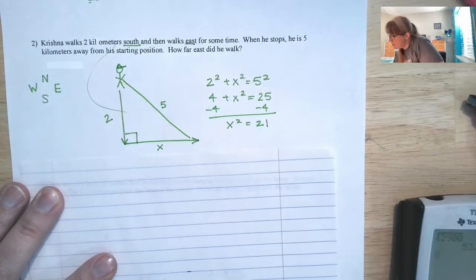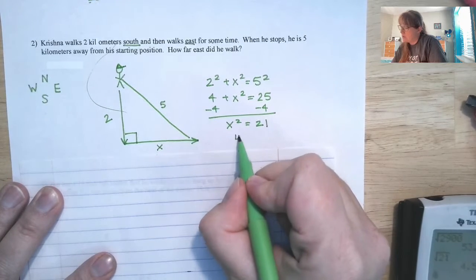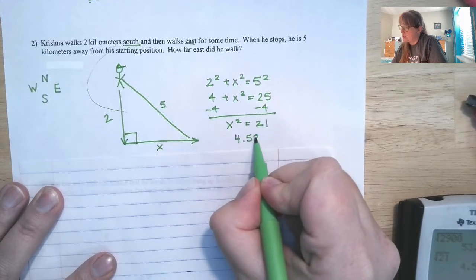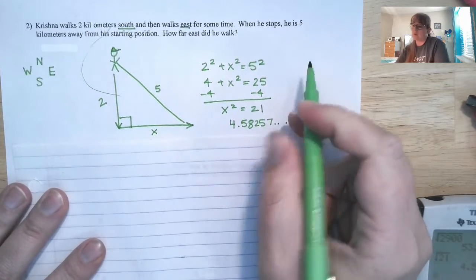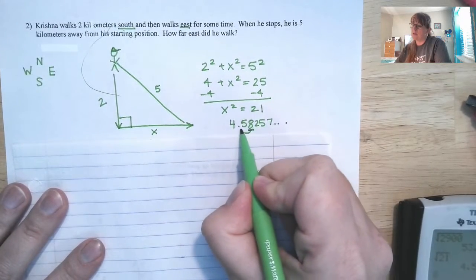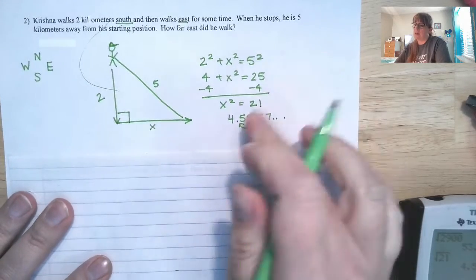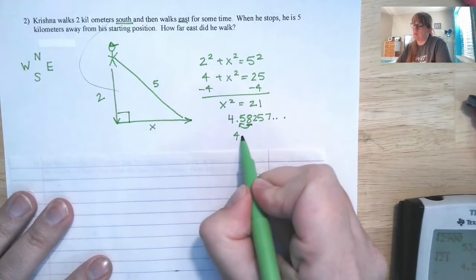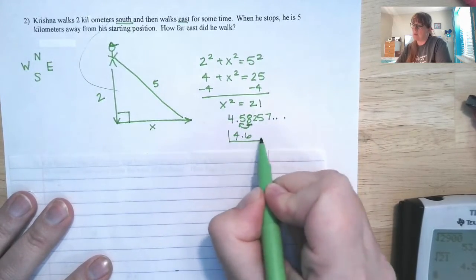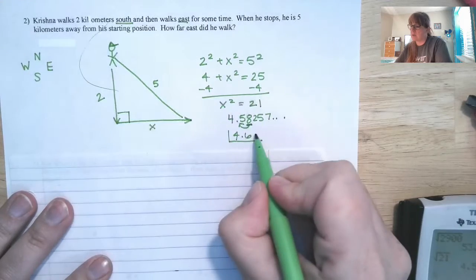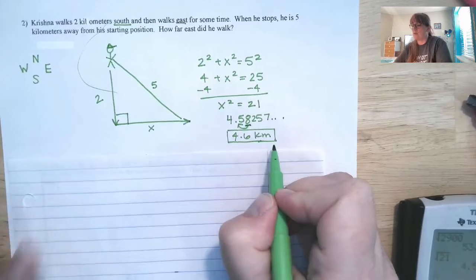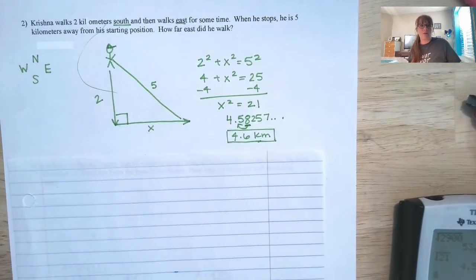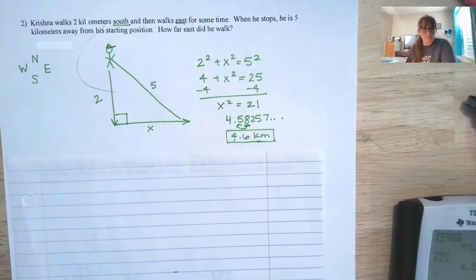Square root of 21 is 4.58257, and so on. If we needed to round to the nearest tenth, we look 2 digits over, and 8 is greater than 5, so we need to move it up 1, and we're talking about kilometers. So he walked 4.6 kilometers east.